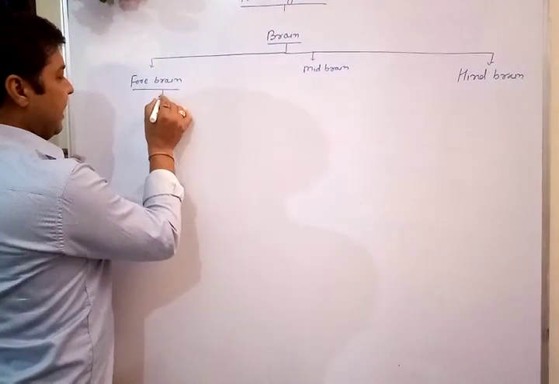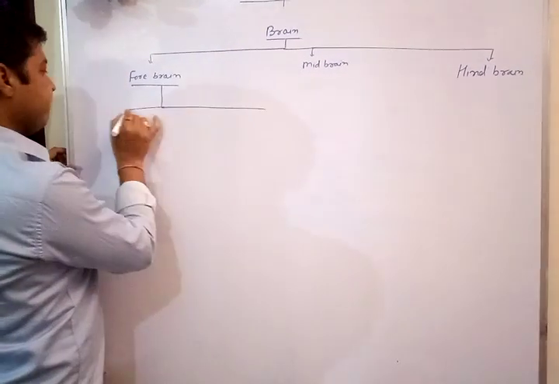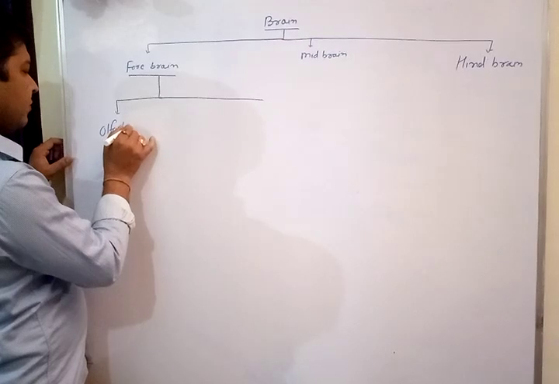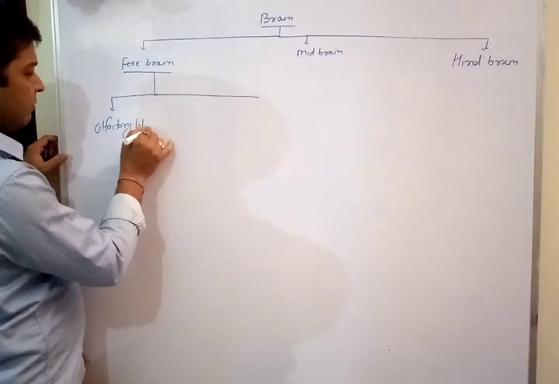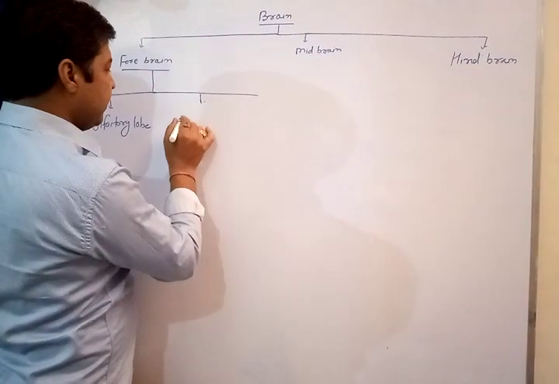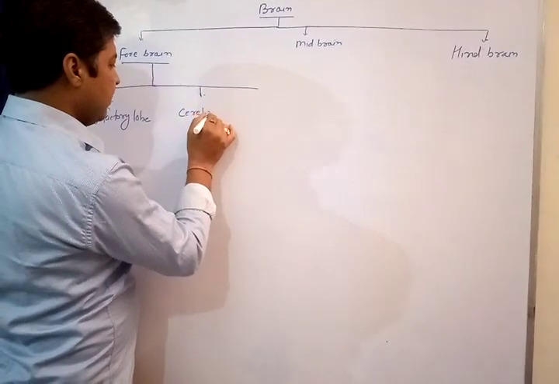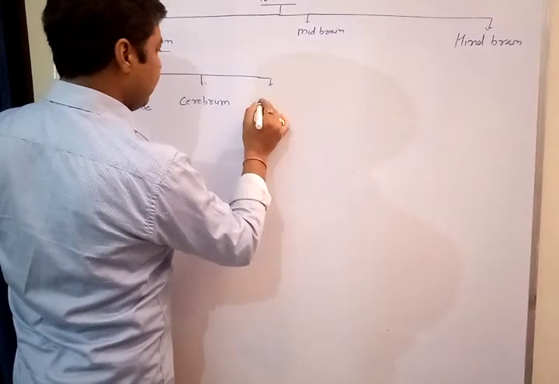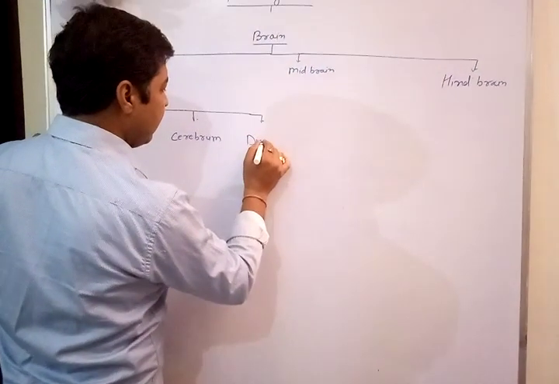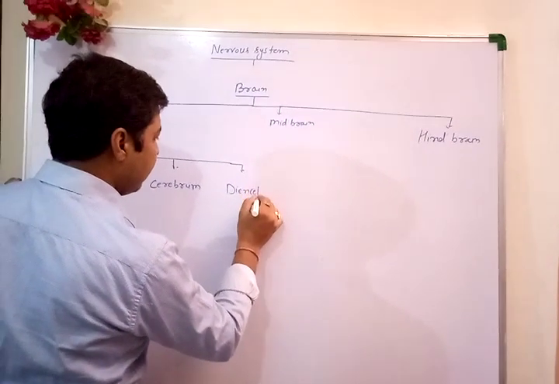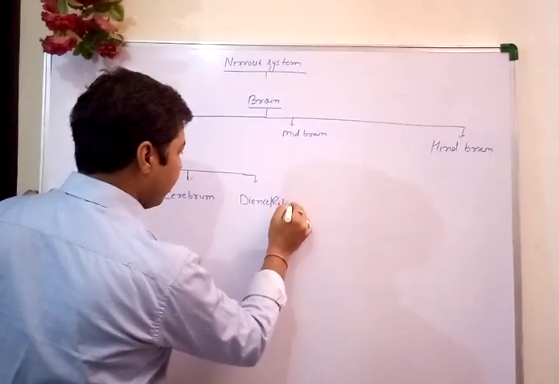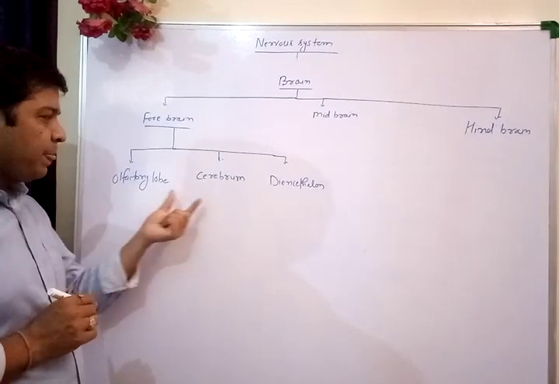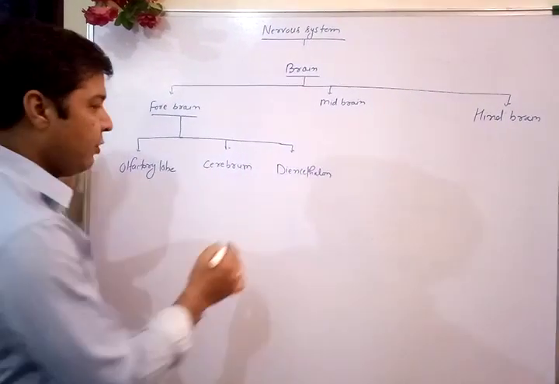This forebrain is further classified into 3 groups. First is the olfactory lobe, second is the cerebrum, and third is the diencephalon. Right? The forebrain has 3 parts: olfactory lobe, cerebrum, diencephalon.